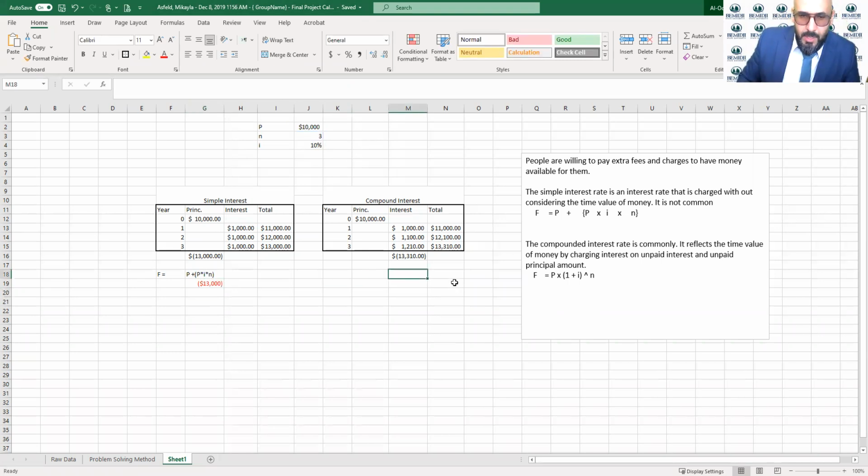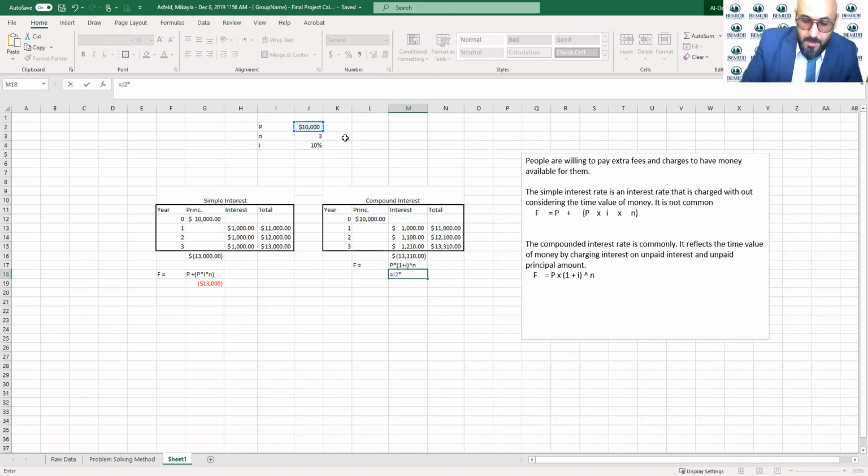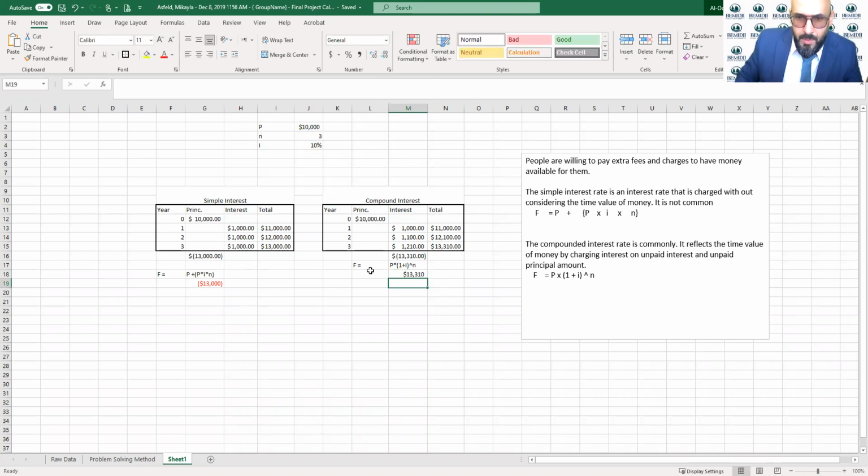On the compound interest rate, there are two ways of doing it. One is to use the function F equal to P times (1 plus I) to the power of N. By applying this, that would be the 10,000 times 1 plus the 10%. You could put the 10% as a decimal, or you could leave it as a percentage, to the power of 3, and that would give the future value.